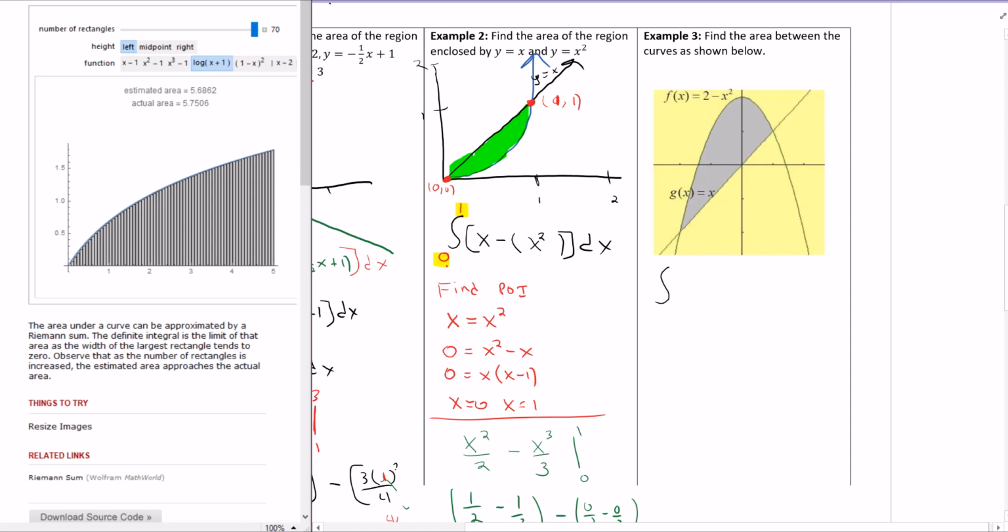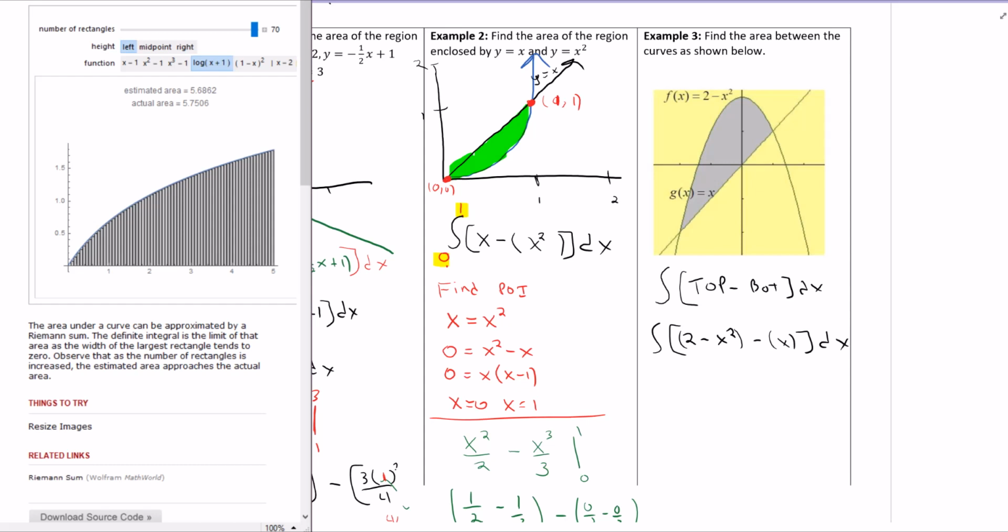We don't know a and b yet, but we do know we want to do top minus bottom. So the integral of the top one, in this case 2 minus x squared, and we're going to subtract the bottom, which is x.